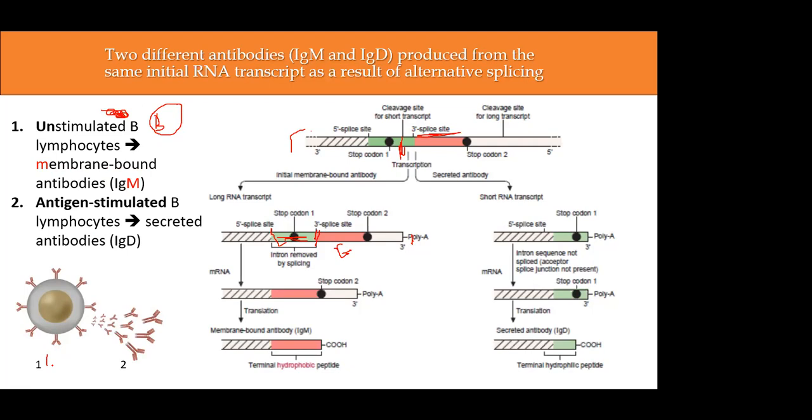The IgMs are attached to the cell because they're unstimulated. There is no protein to go after. Sorry, there is no antigen in the body, no bacteria or viruses for these antibodies to go and attack.